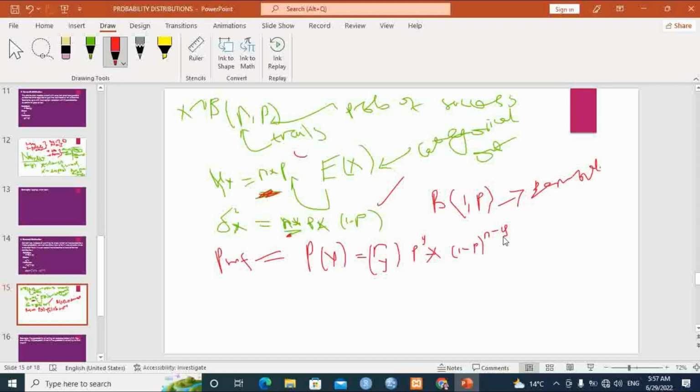So what do we mean by this? We have said n is the number of trials and y is the number we are interested in.